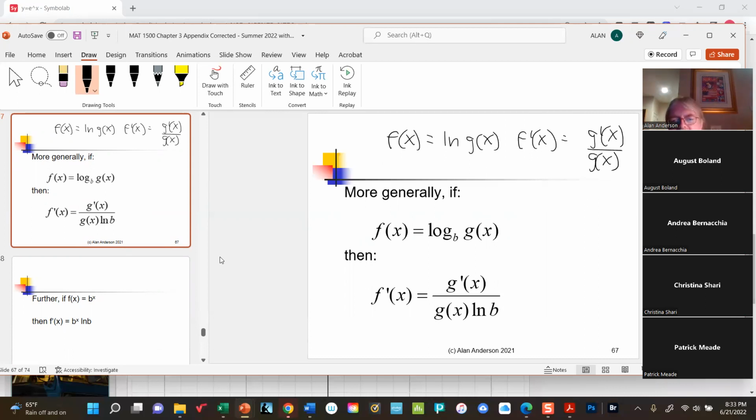Now we replace natural log with log base b. And so these are the same, except, oh yeah, here we go. Once again, we need that natural log of b in the denominator to make it work.